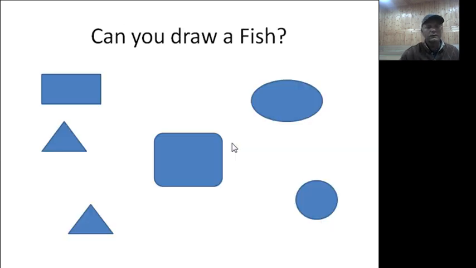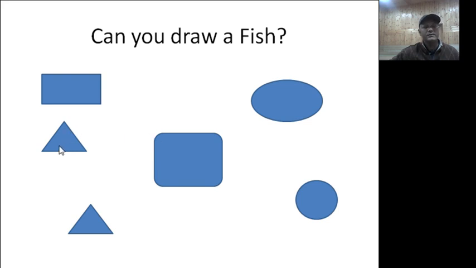Also, you can draw different types of fish, their figure in your notebook with different shapes like rectangle, circle, oval, triangle.